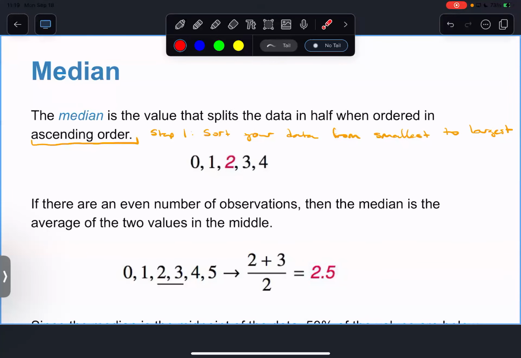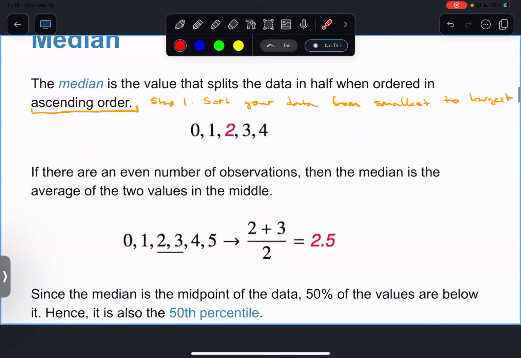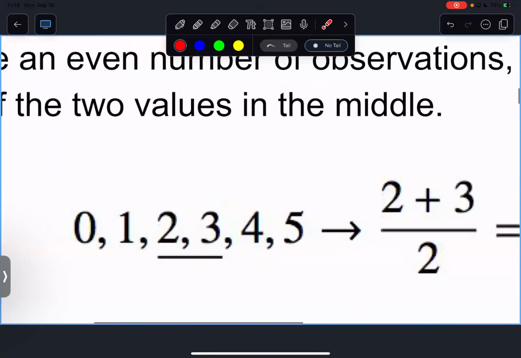Okay. Now, if you have an even number of observations, what's going to happen, right? If I boop, boop, boop here on the screen, you land on 2 and 3 at the same time, right?